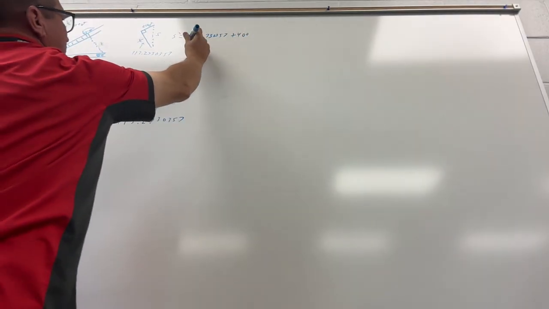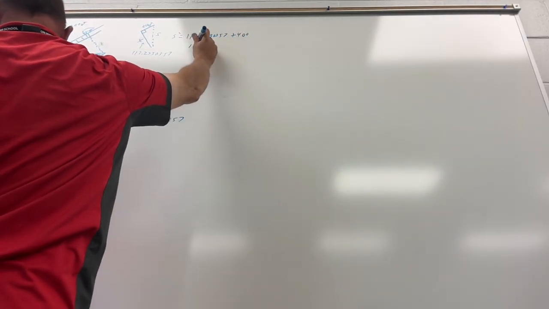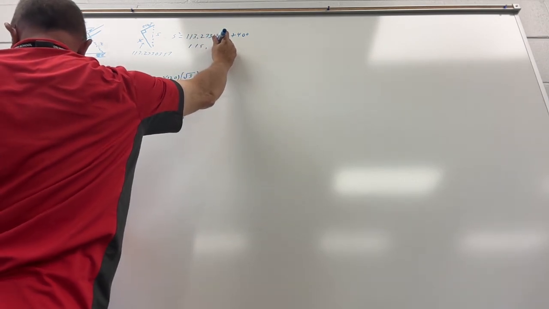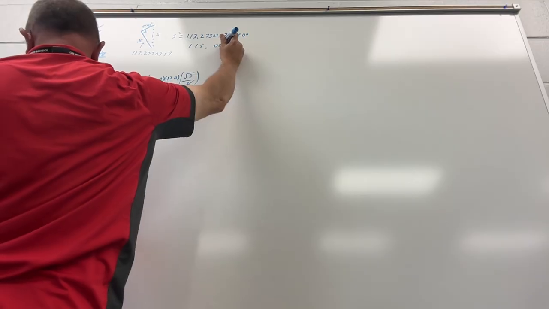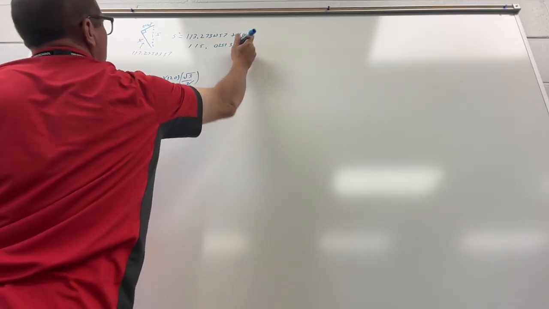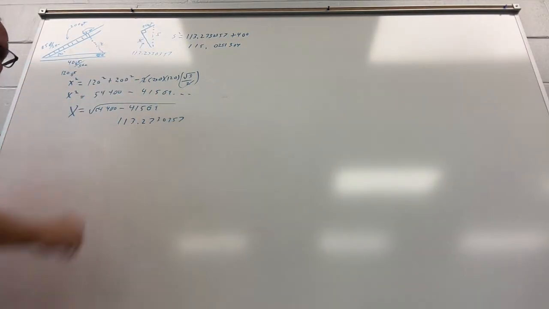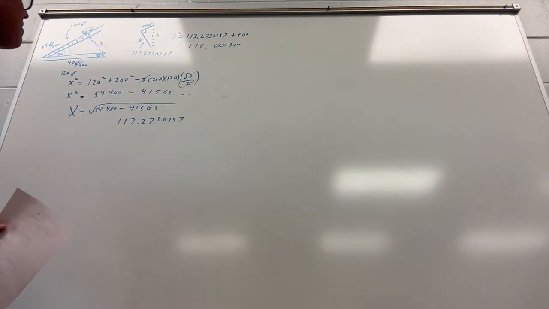When we do that arithmetic and take the square root, we get 115.0251304. This is the side that we care about, the rate at which it's moving away.